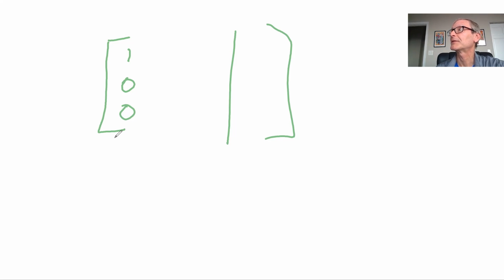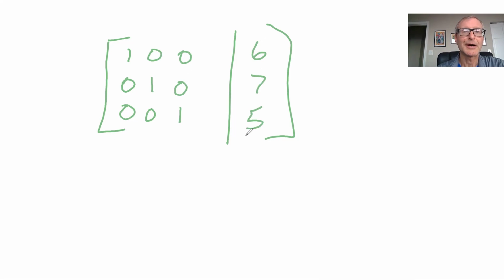And then any row that contains all zeros is okay. So say like we had this set up, 0, 0, 0, 0, 0, 1, and say like we had 6, 7, and 5. So how would you do this?